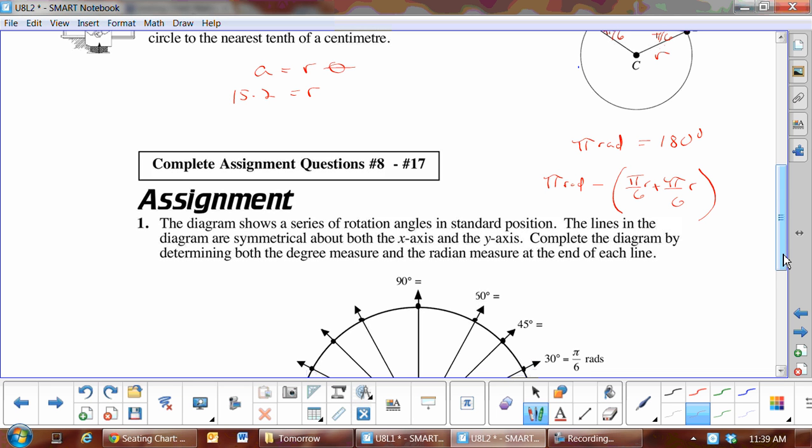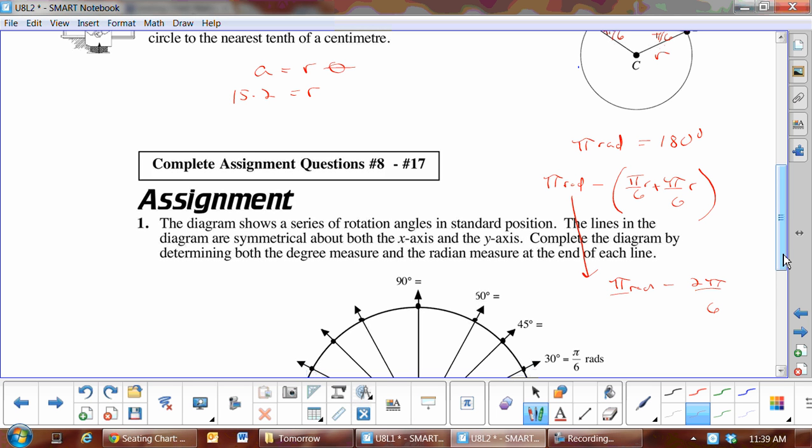And if I knew 2 of them, I could subtract and get that other one. So, what would I change pi to so it has a nice number to subtract? Because this is the same thing as pi radians minus 2 pi over 6, right?